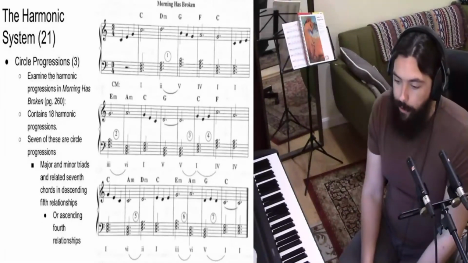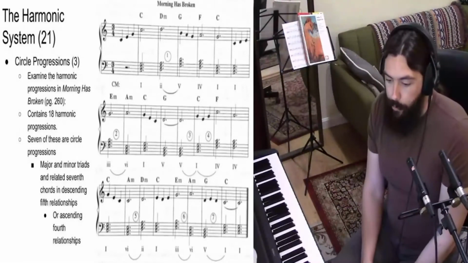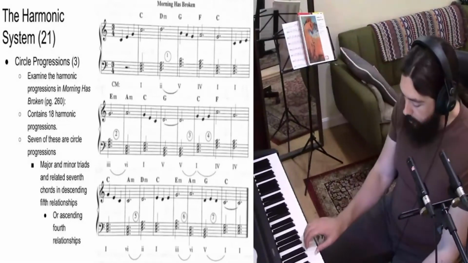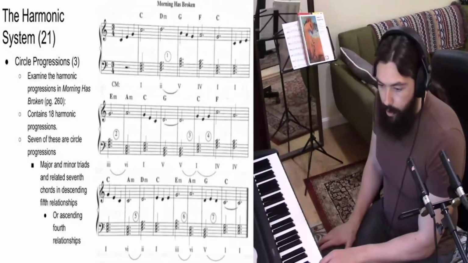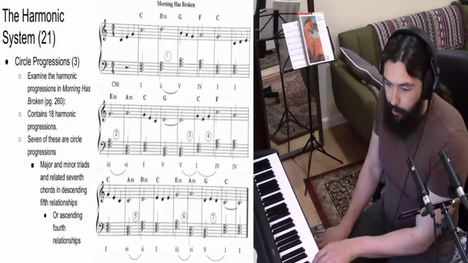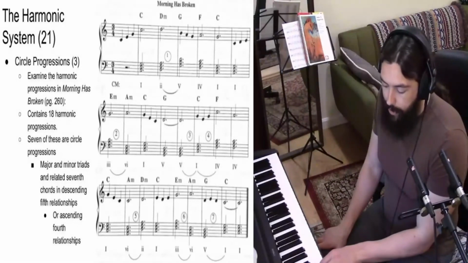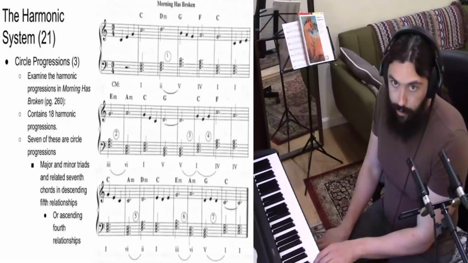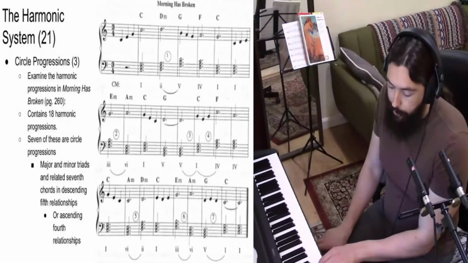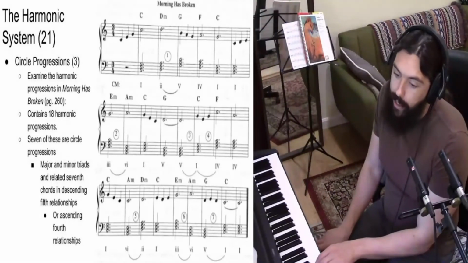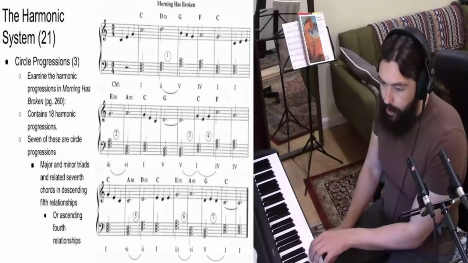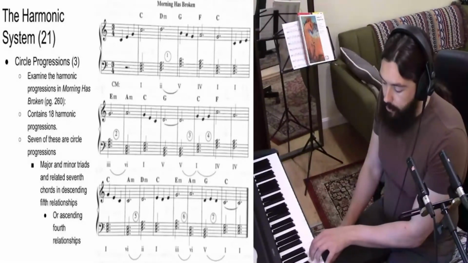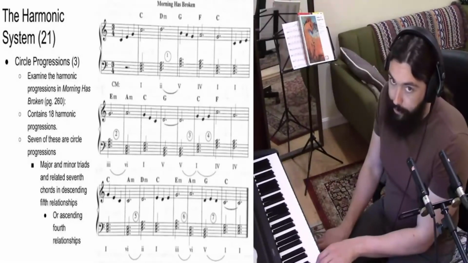If you look through these, our first chord is C, and then our next chord is D minor. That's not a circle progression because that's just a second relationship. But the next one from D minor to G would be considered a circle progression because that's an ascending fourth.